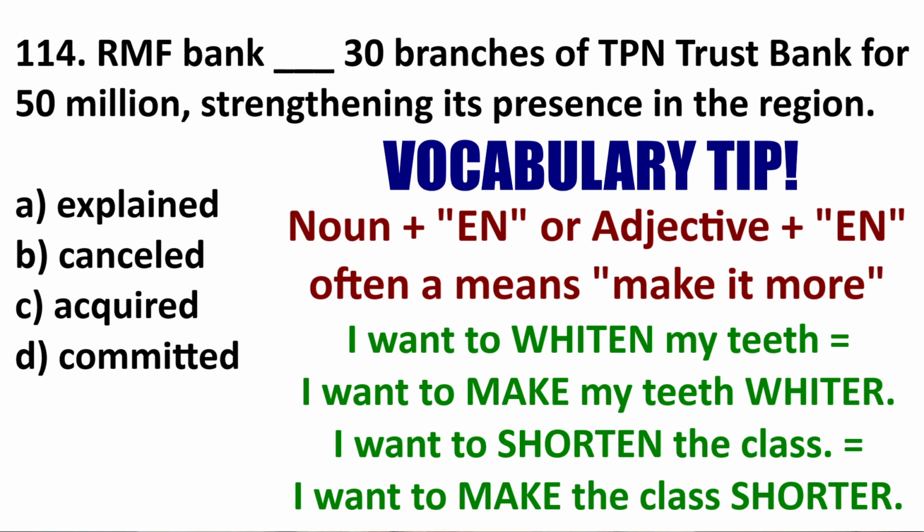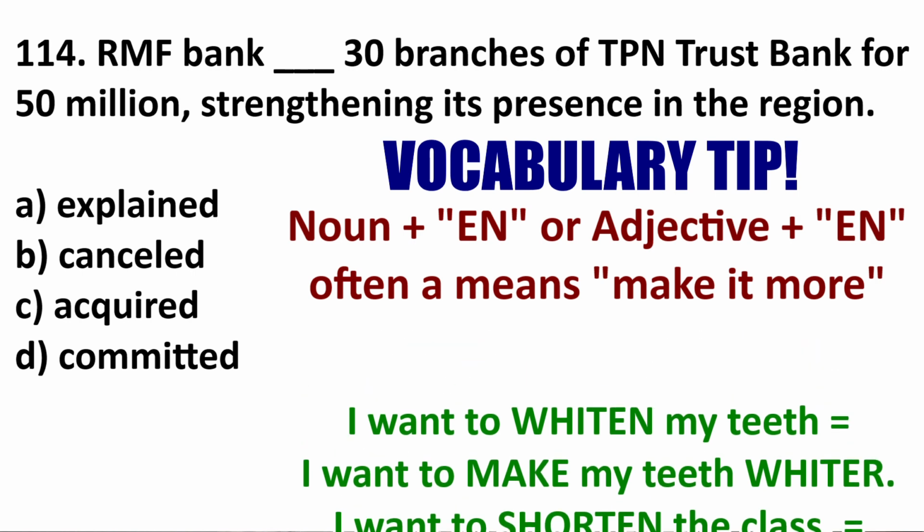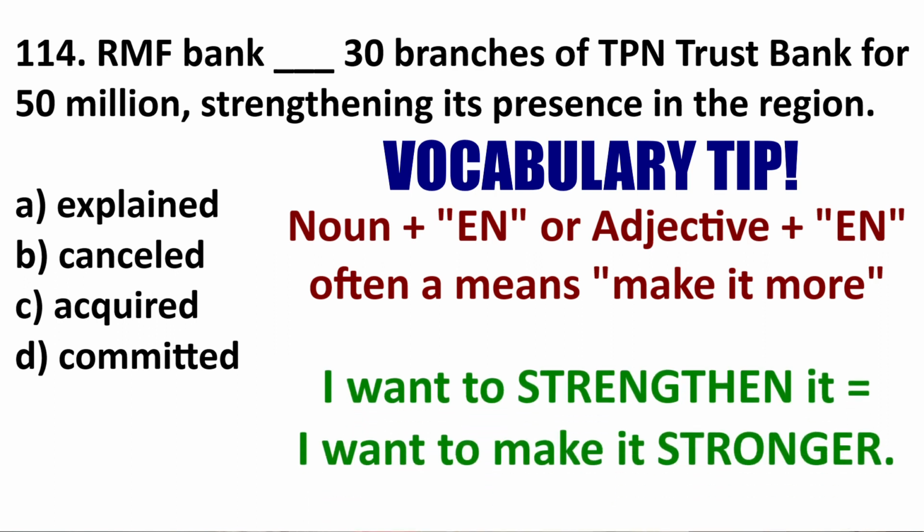For example, if I want to make my teeth whiter, I want to whiten my teeth. So whiten, make whiter. If I want to shorten the time of the class, well, shorten is a verb which means make shorter. So if I want to strengthen something, make stronger.